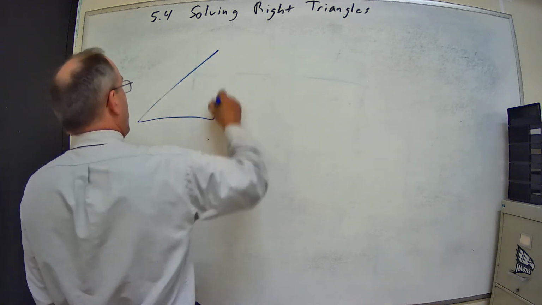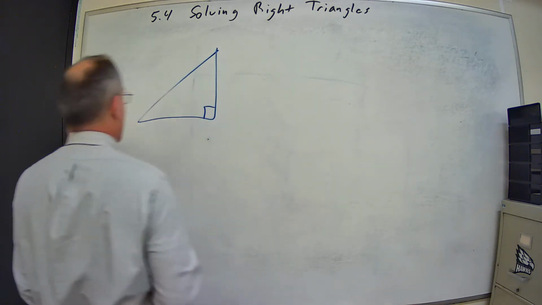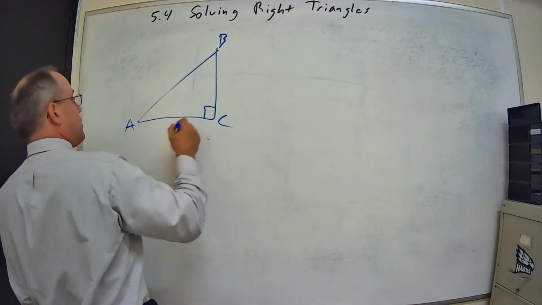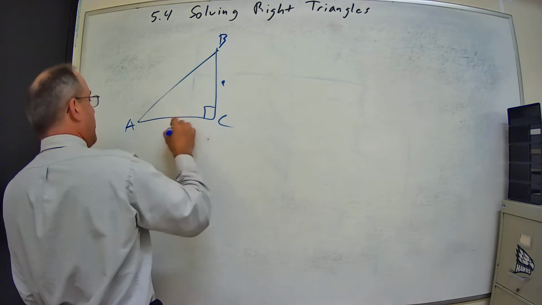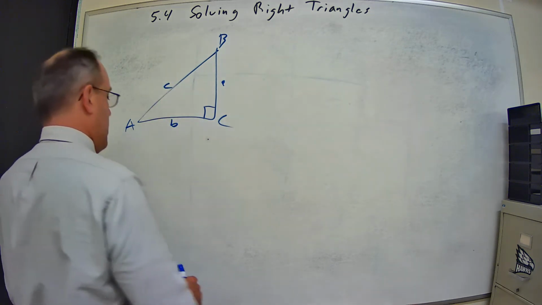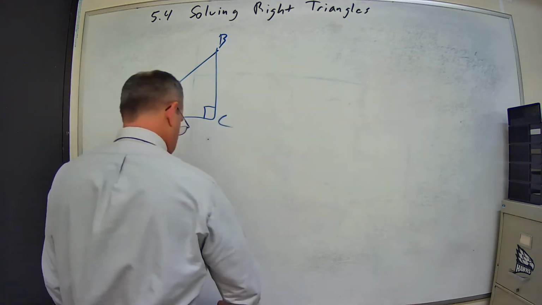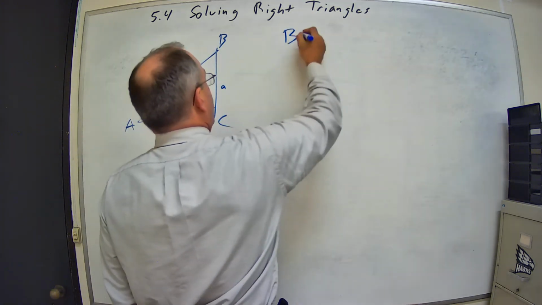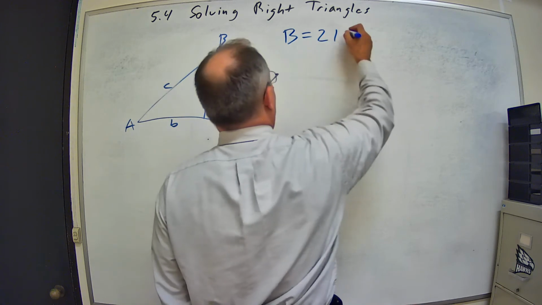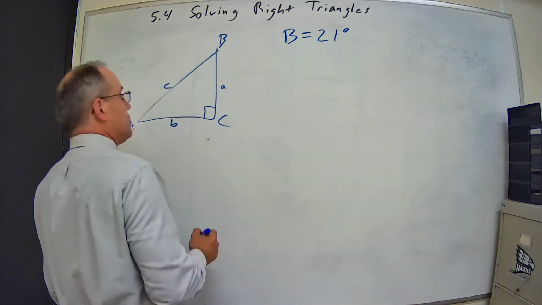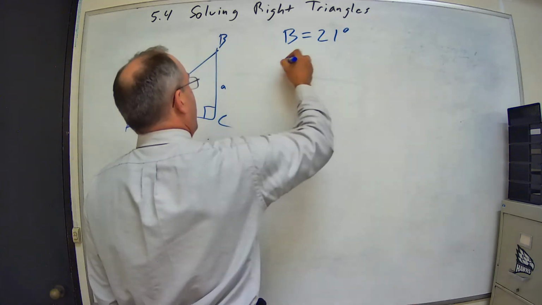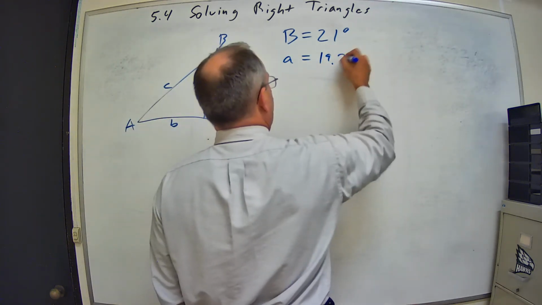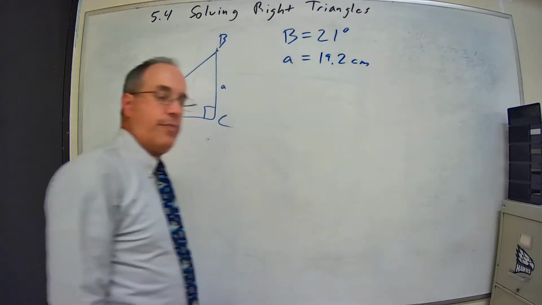So I've got a right triangle here, A, B, C. Sides are A, B, C. And I tell you that angle B is 21 degrees, and that side A is 19.2 centimeters.